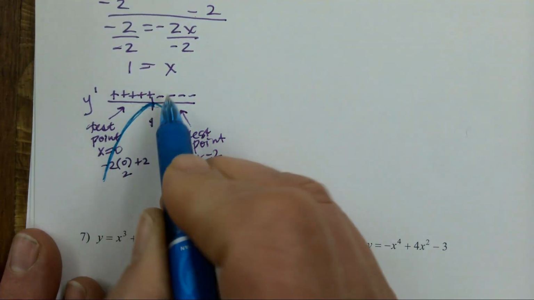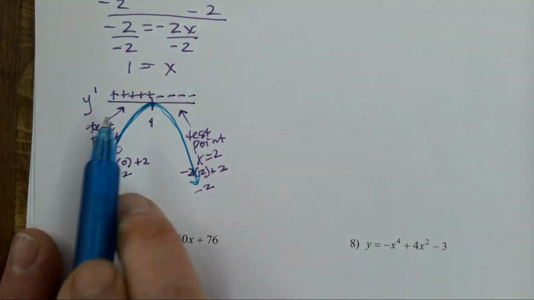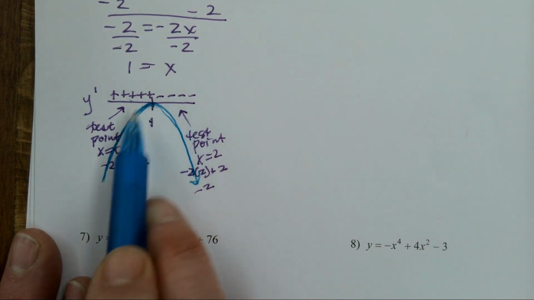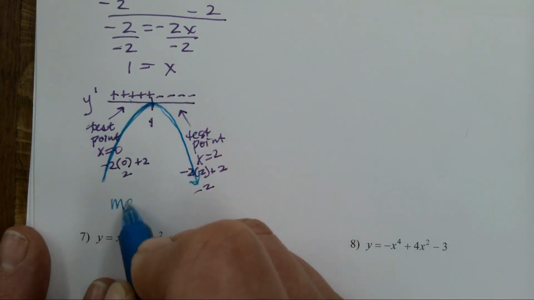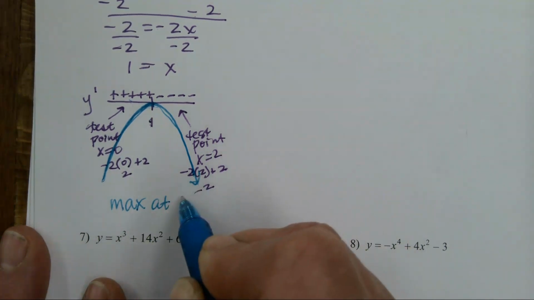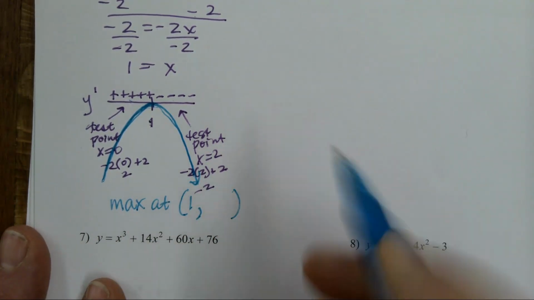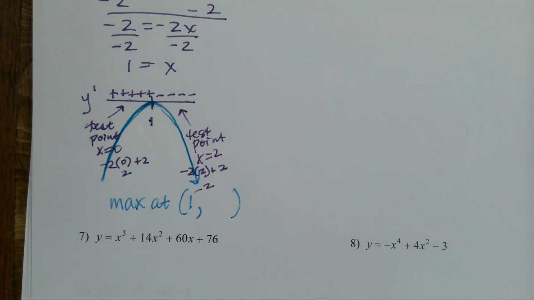That shows me, just by those slopes, from increasing to 0 to decreasing, I can very vividly see that that is a high point or a max. So we say there is a max at 1 comma something. I want to find the point that is paired with 1. If I plug it into the derivative, it's going to give me the slope at 1. I don't want the slope at 1. I want the point at 1.